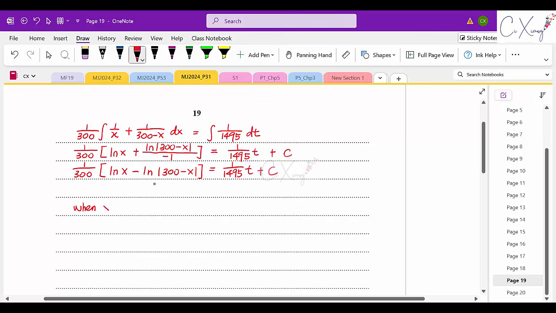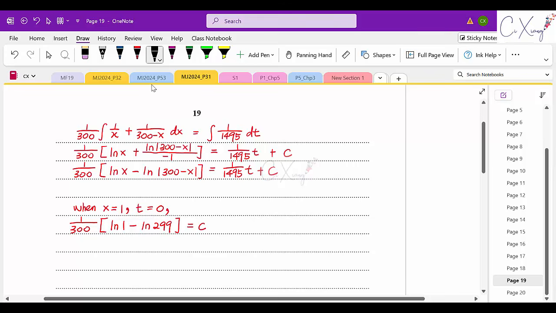So when x equals 1 and t equals 0, substitute it into my solution on top. ln x is ln 1, then ln 300 minus x means you have ln 299. When t equals 0 there is nothing there, so your c is equal to this value.